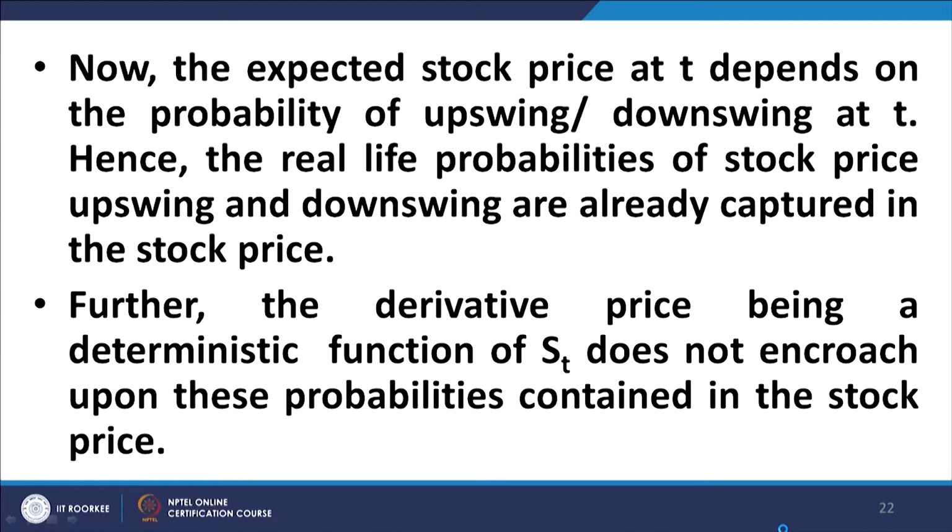Now, there is a very important question: why is it that real world probabilities are thrown out of the window and do not contribute to the pricing of the derivative? It is a very interesting question.